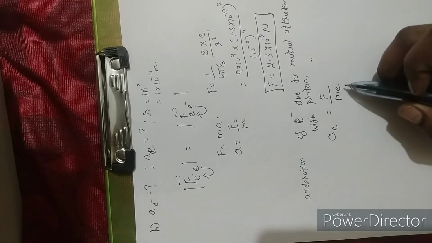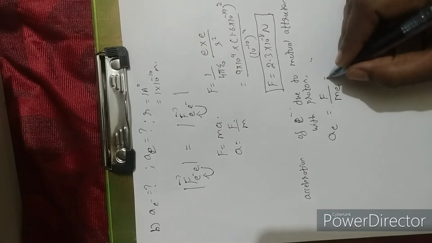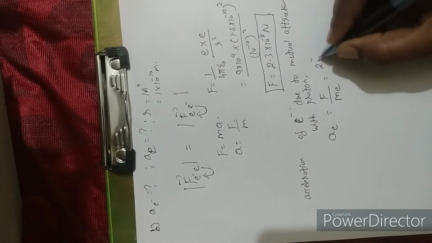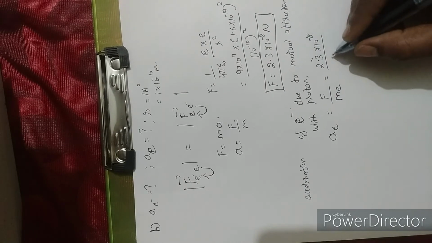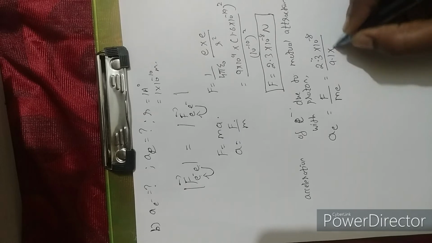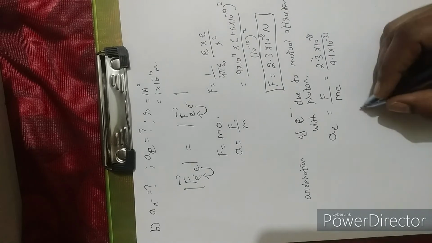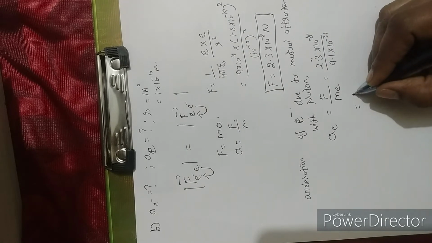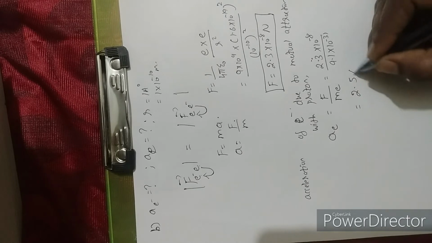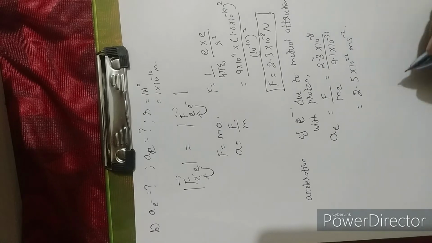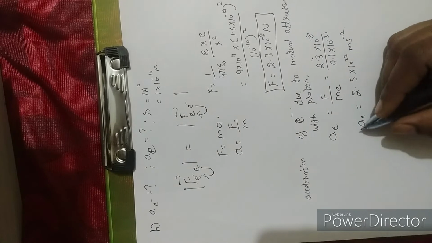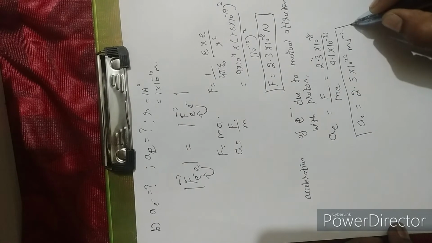We have to consider the mass of the electron only. So F is 2.3 × 10^-8 divided by the mass of electron, 9.1 × 10^-31, and you will find it to be 2.5 × 10^22 meter per second square. So this is the acceleration experienced by the electron.